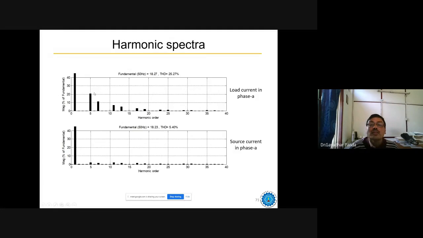You can see here what the THD is without the active power filter, and once you connect the active power filter, it is drastically reduced. Without the active power filter it was around 25.27%, and now it is coming around 5.4%.